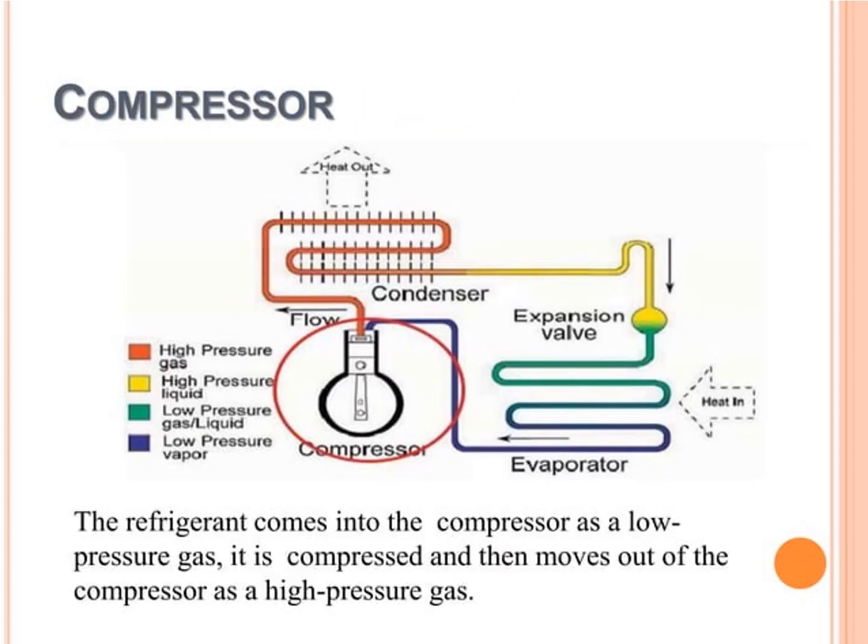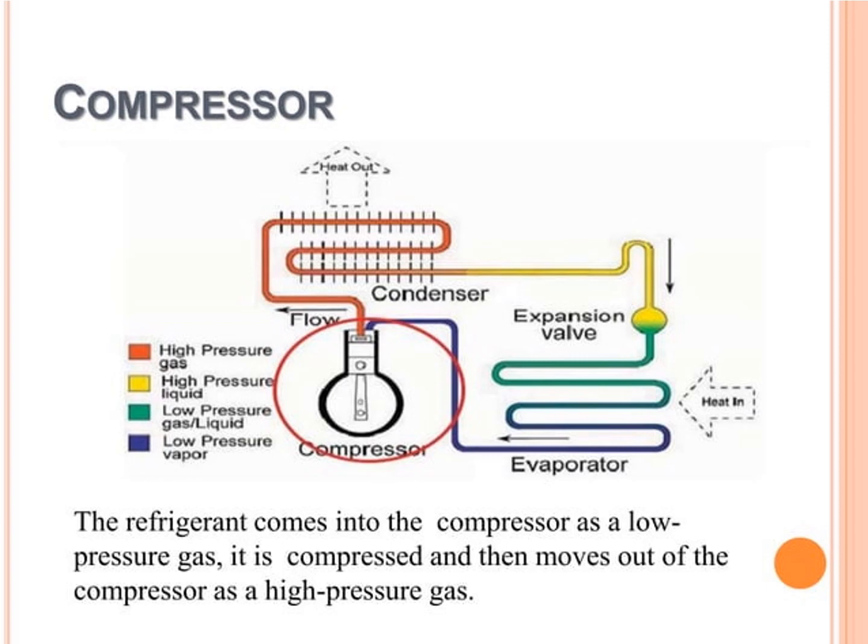Coming to the compressor. Before knowing what a compressor is, we have to know the use of the compressor. Here the rounded thing is the compressor. The refrigerant comes into the compressor as a low pressure gas, is compressed, and then moves out of the compressor as a high pressure gas.